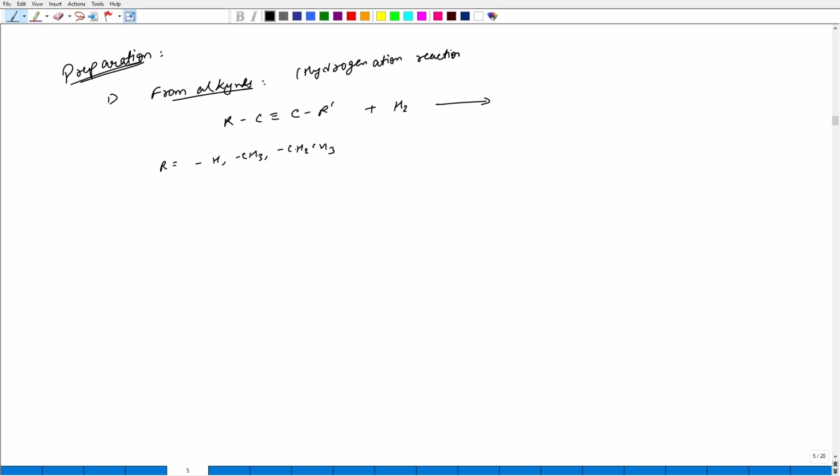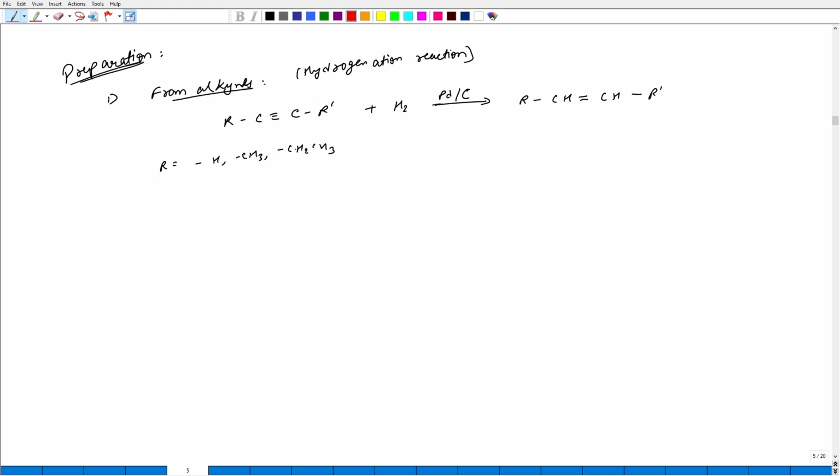Similar thing I have discussed in the synthesis of alkanes also. It will give a proton to both of that CH double bond CH R dash. We all know that it will not take place directly by adding the hydrogen. We need some catalyst, and this catalyst is palladium in presence of carbon.